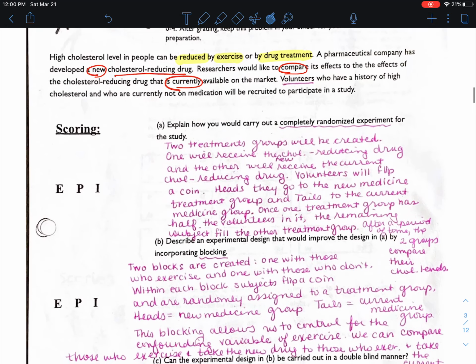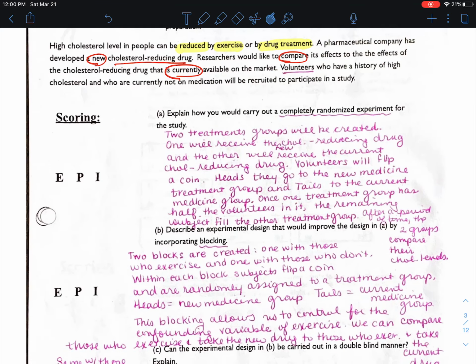The first part says explain how you would carry out a completely randomized experiment for the study. So you need to detail what your two treatments are, and how you are going to take these volunteers and randomly assign them. You can see here I said the two treatment groups would be created. One's going to receive the new cholesterol reducing drug, the other will receive the current one, and here's where we start mapping out the plan. You can do this a variety of ways. I chose a coin. I said the volunteers are going to flip a coin.